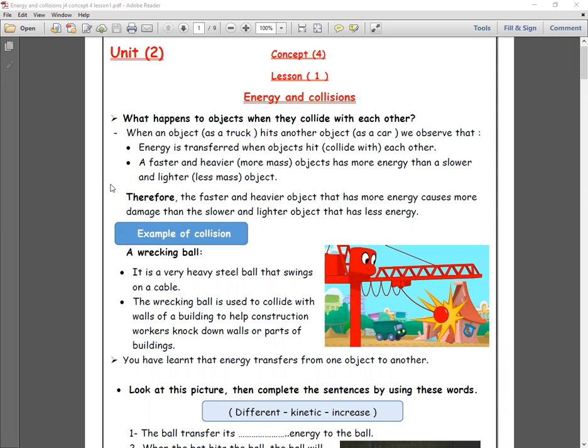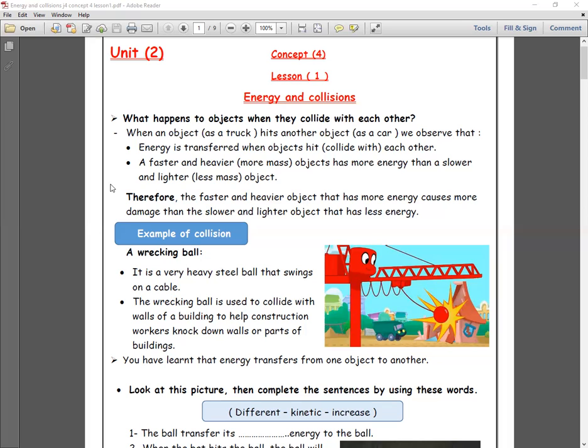We will observe that when these two objects hit each other, as we studied before, the energy for sure will transfer from one object to another. The energy is transferred when the two objects hit each other or collide with each other.